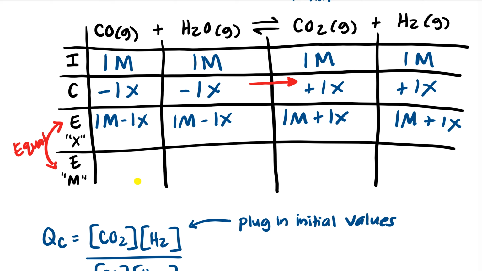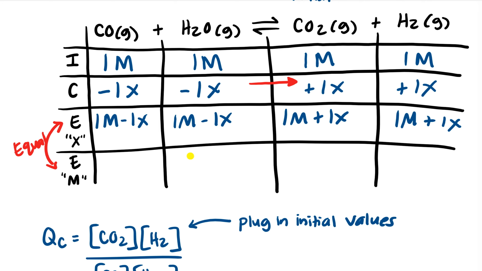I wasn't given the equilibrium concentration of any chemical species in our system. So I can't set these two equilibrium rows equal to one another right now because I don't have any values in this bottom row to set any one of these things equal to it.